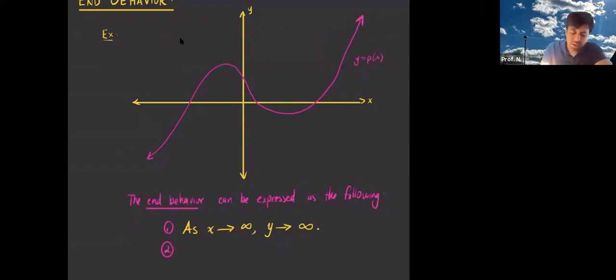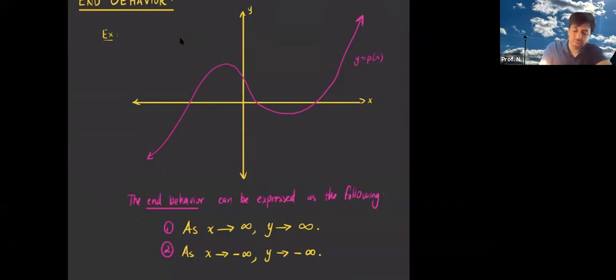And then what happens on the other end? As x approaches negative infinity, y will approach negative infinity. That's the second statement. And we have just expressed the end behavior.